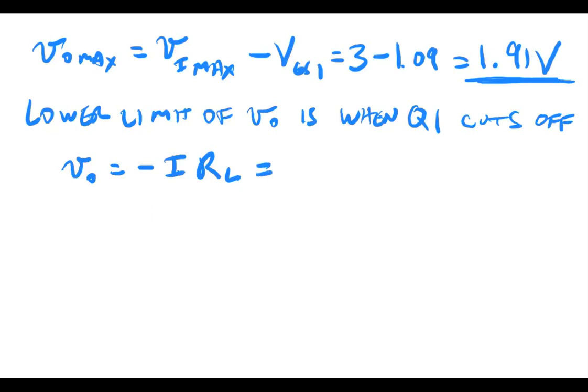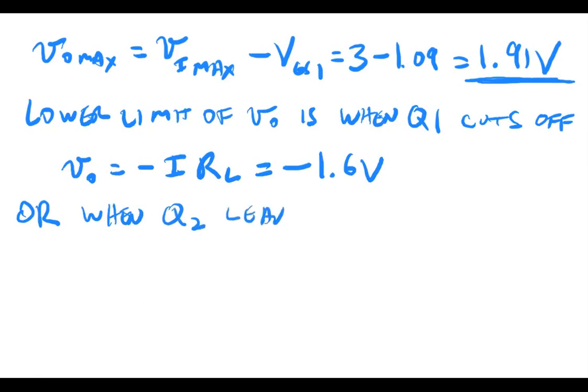We already know the answer to that because we already calculated I, and in this case that is going to be minus 1.6 volts. So that's one condition when the lower limit of the output voltage happens. The other one is when Q2 leaves saturation and enters triode.